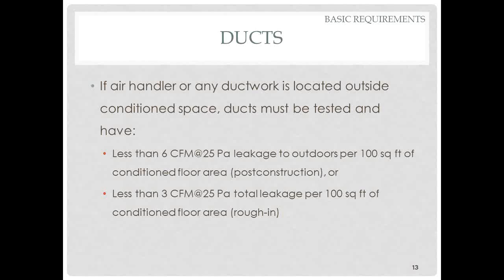The intent there is that at rough-in, the assumption is that the air handler, or what we Vermonters think of usually as the furnace, is not in place and you're only measuring the ductwork. That's why you're allowed less leakage. If you are testing post-construction, the assumption is that the air handler is in place. We know that all the air handlers leak and that you can't do a lot about the leakage that the box has, so you're allowed more leakage if you're testing with the air handler in place.